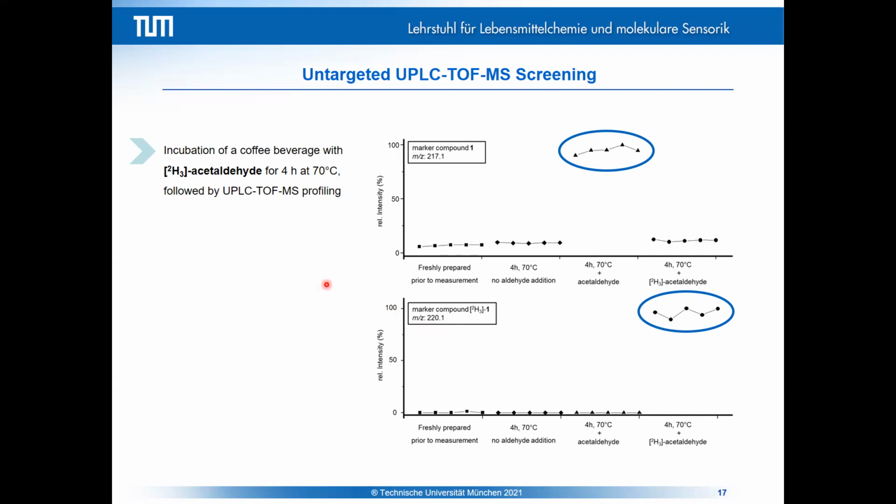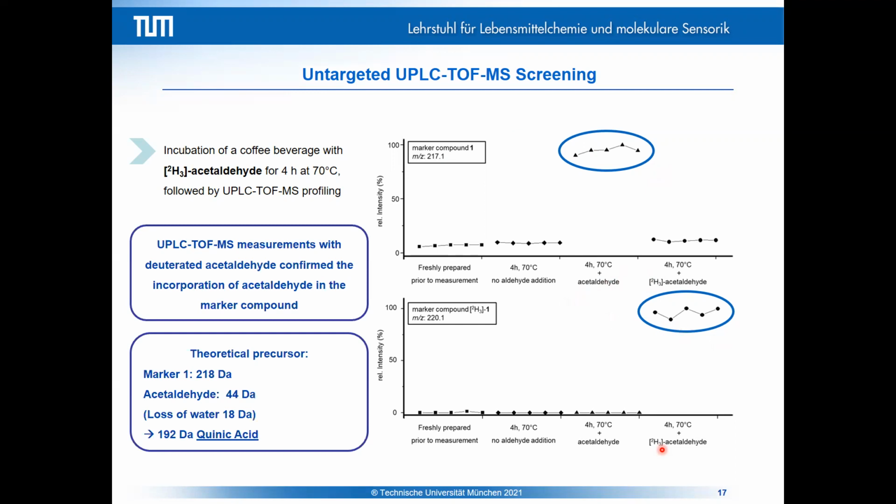As you can see, only in the sample where we spiked the acetaldehyde to the coffee, this compound is upregulated. And in the same experiment with the deuterated acetaldehyde, only the mass of 220 is upregulated in the sample where we added the deuterated acetaldehyde, which means that within our marker compound, there is one molecule of acetaldehyde incorporated.